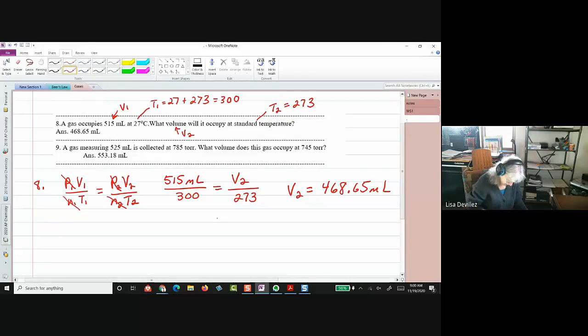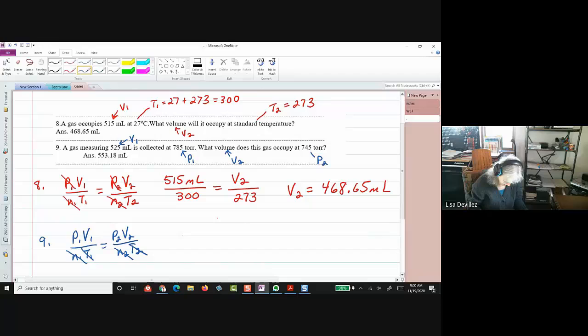All right, and so number 9, I have a V1 and a P1. It's asking for V2, and it's giving me a P2. Here the moles stay the same and I'm not changing the temperature, so there's my equation.